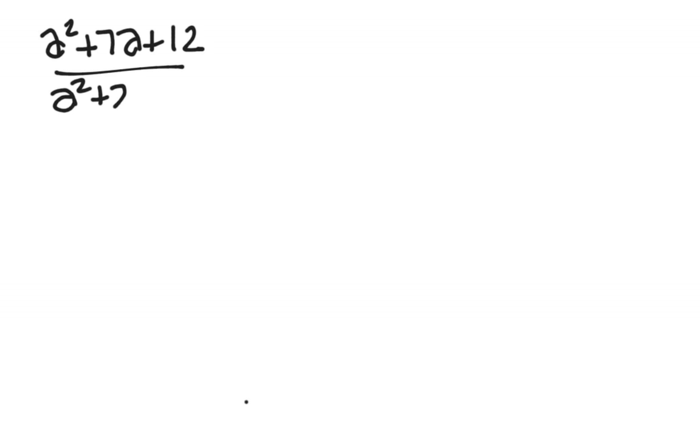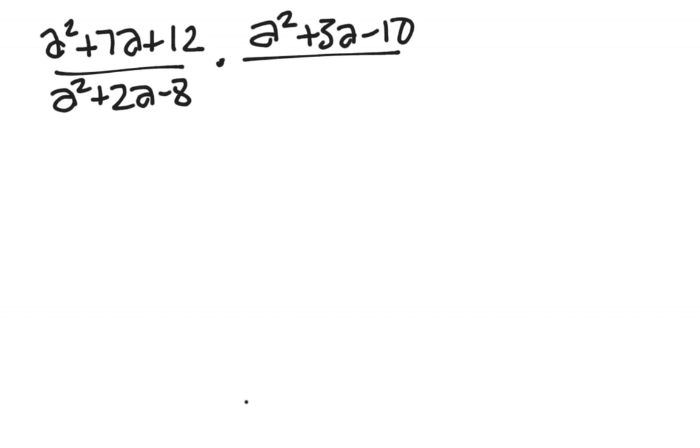Let's try another one, getting a little more complicated. A squared plus 7a plus 12 divided by a squared plus 2a minus 8. Still multiplying. A squared plus 3a minus 10 divided by a squared plus 2a minus 15. There we go.